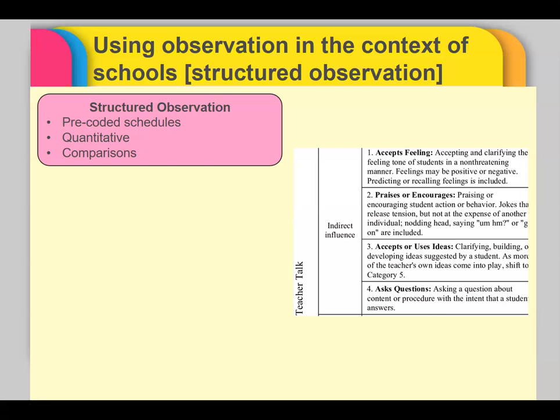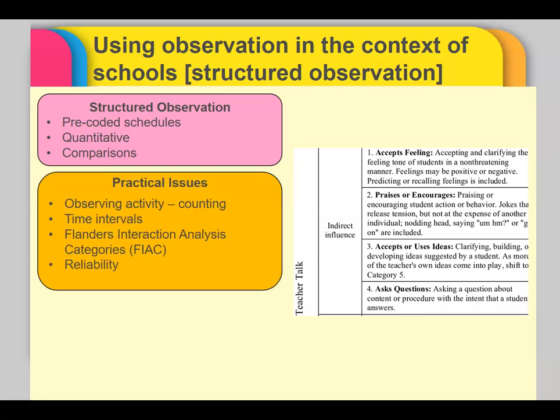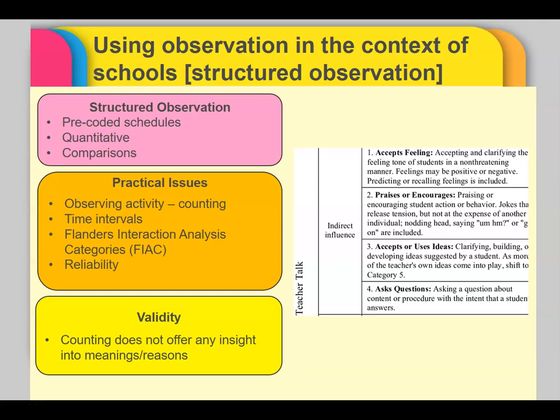You can end up with a very numerical picture of what goes on inside a classroom. So counting is key. It can involve timing intervals. It can be a very reliable method, where you can go between schools, between classes and just use the same form again and again, and you can compare the numerical data.